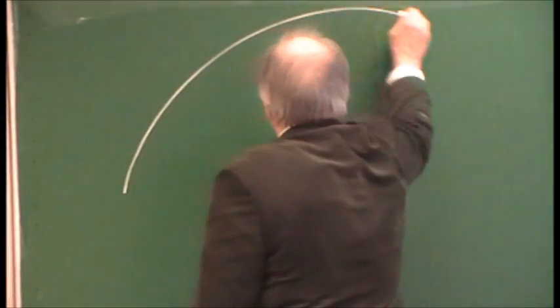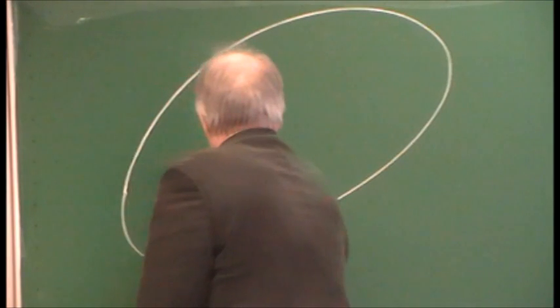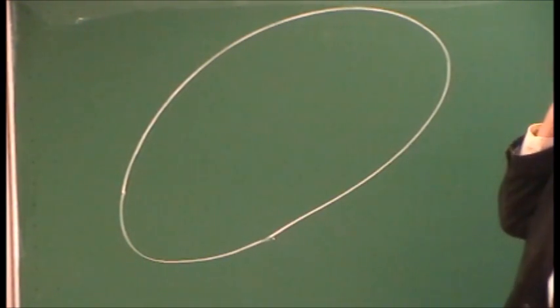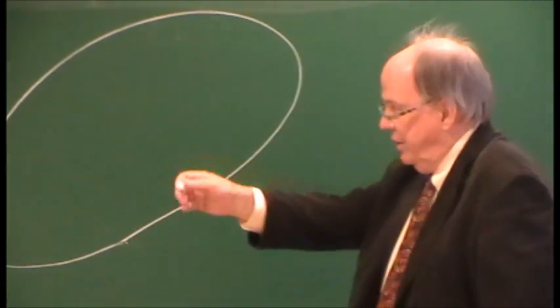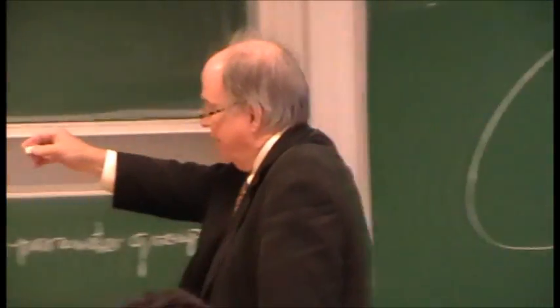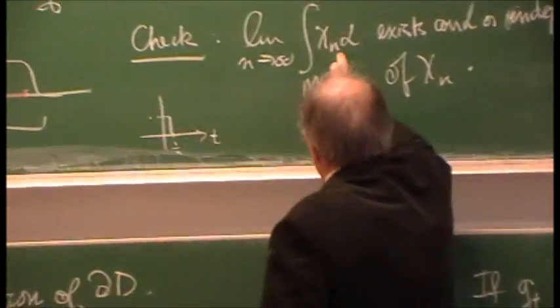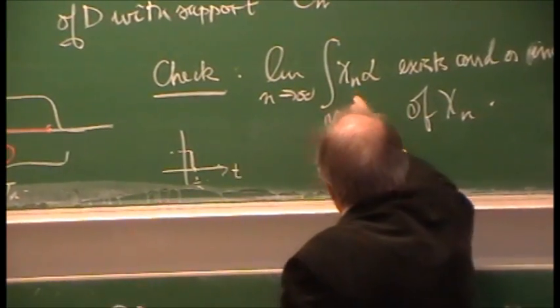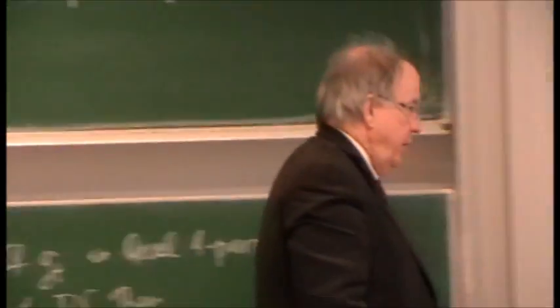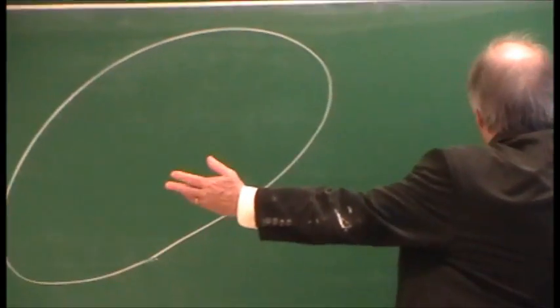So here's D, and remember I have to define this, so I really have to take a covering here that's reasonable, and here's the way I do it. So M is the blackboard.